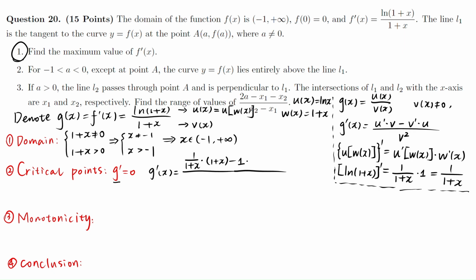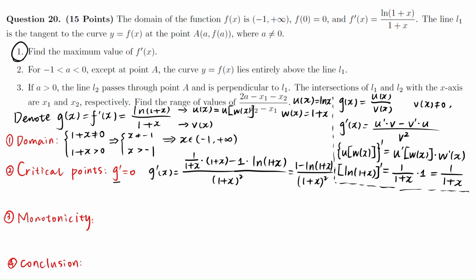Yes, it is 1. And what is u? It's the natural log of 1 plus x. And the denominator is v squared. It is 1 plus x squared. Okay? And it just equals 1 plus x squared in the denominator, and the numerator is 1 minus the natural log of 1 plus x.